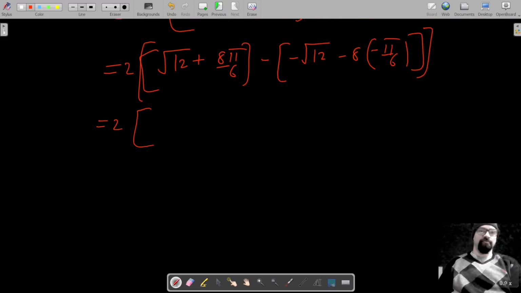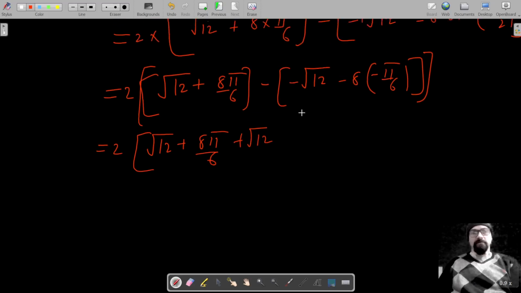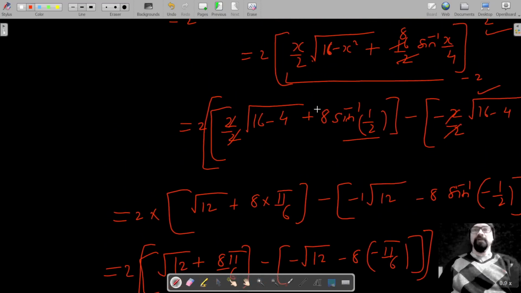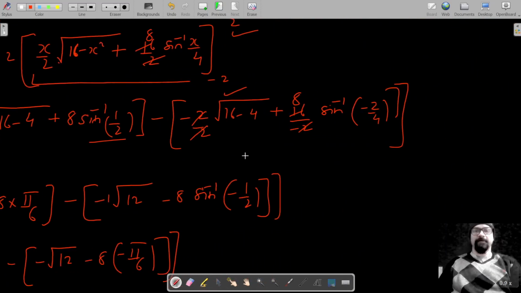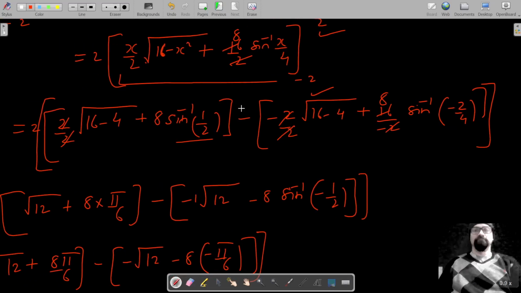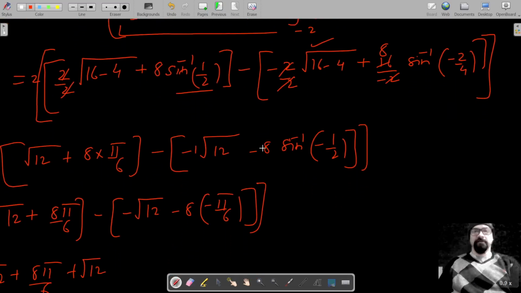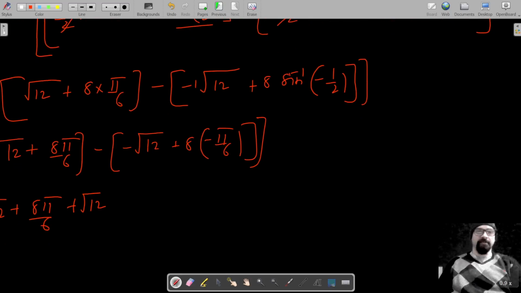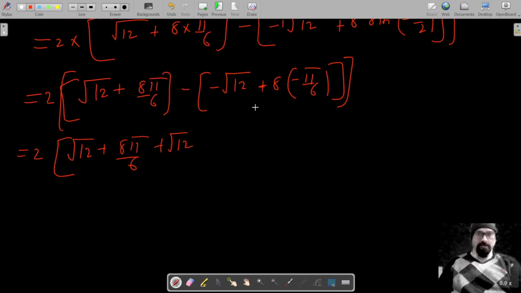So this is 2, open up the bracket, under root 12 plus 8 pi by 6 plus under root 12, and this is minus minus positive, so this is actually plus, which finally becomes plus 8 pi by 6.